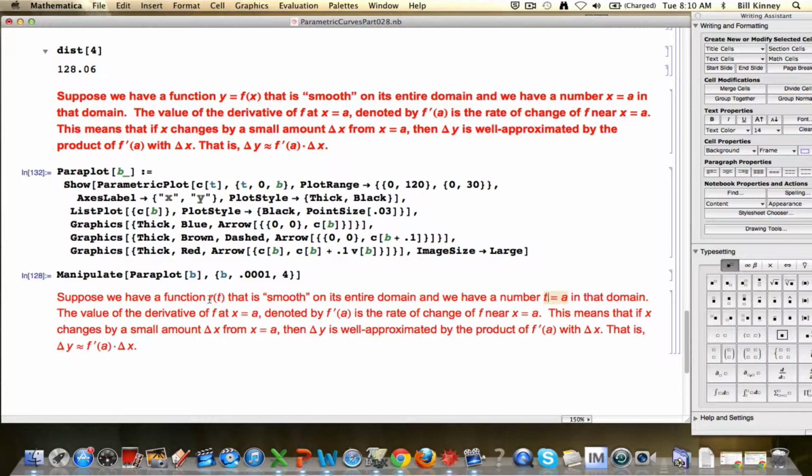The value of the derivative of this vector valued function, this position vector, and this is notation that we are using for a position vector. And why did that change to black? I'll change it back to red later.